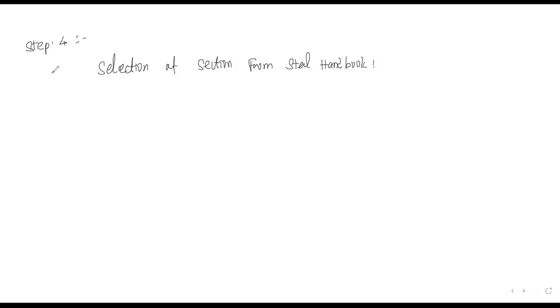From the steel handbook we have seen that ISWB 600 is suitable, so select ISWB 600 section.